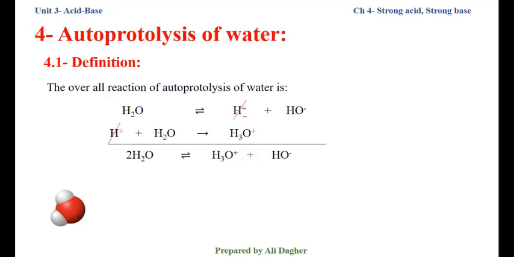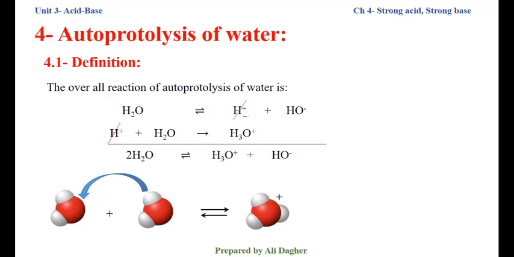This is the equation of the autoprotolysis of water. H2O plus H2O, two water molecules. One hydrogen atom is transferred from one molecule of water to the other as H+. Then the first water is transformed into H3O+, and the second water is transformed into HO- ion.